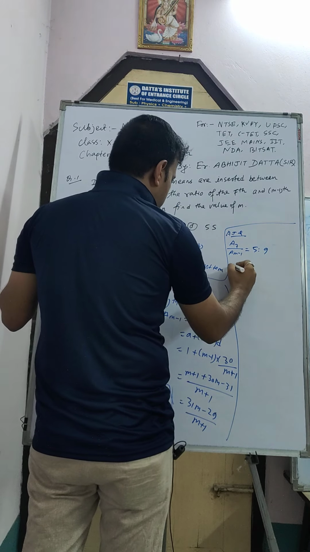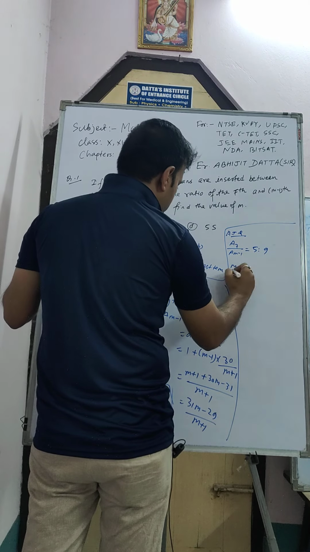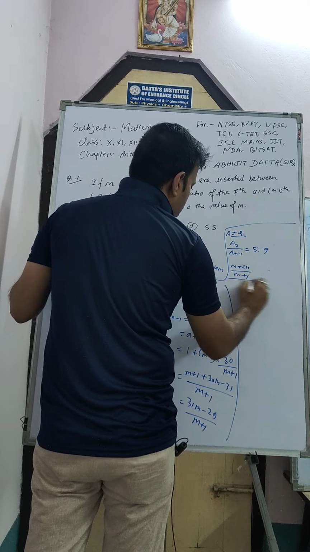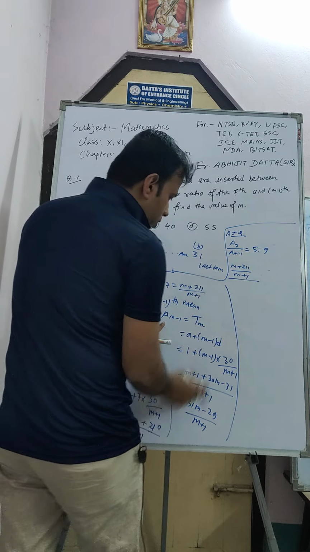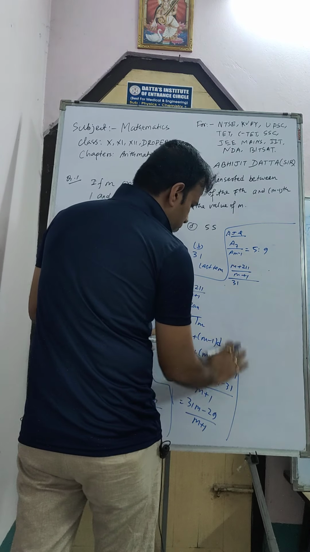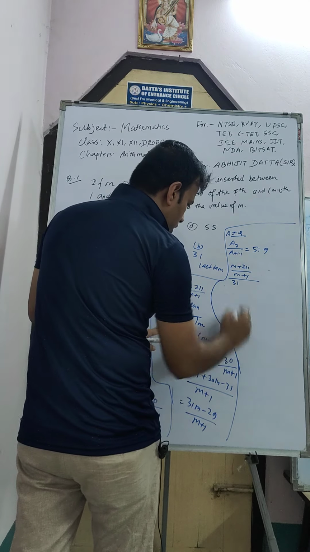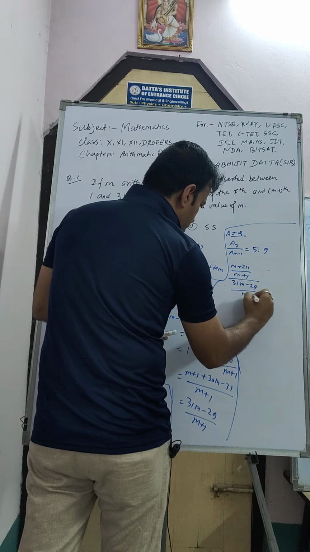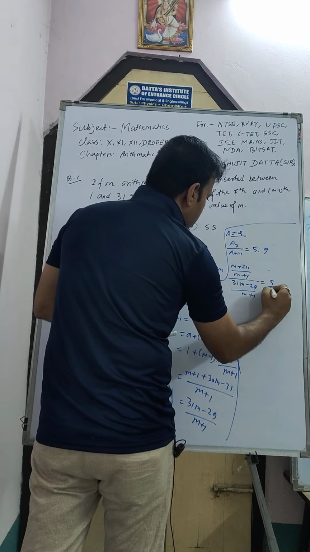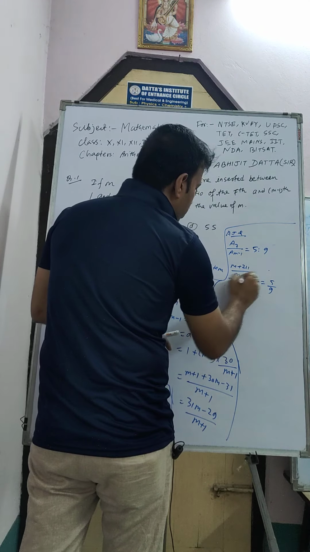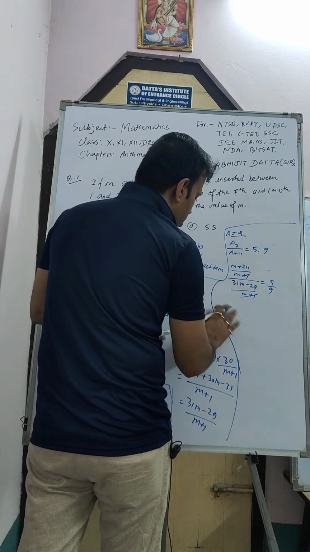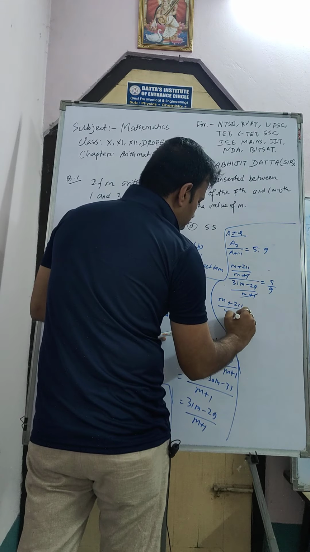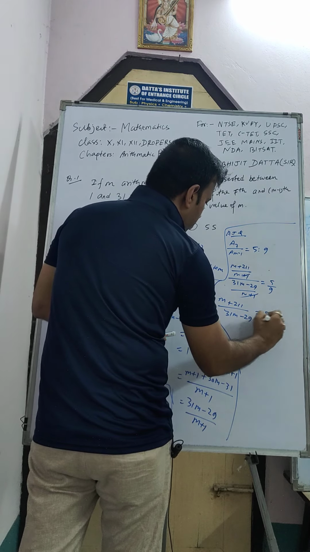This one is m plus 211 by m plus 1, and this one will be 31m minus 29 by m plus 1, equal to 5/9. So this one will be cancelled. That is m plus 211 by 31m minus 29 equal to 5/9.